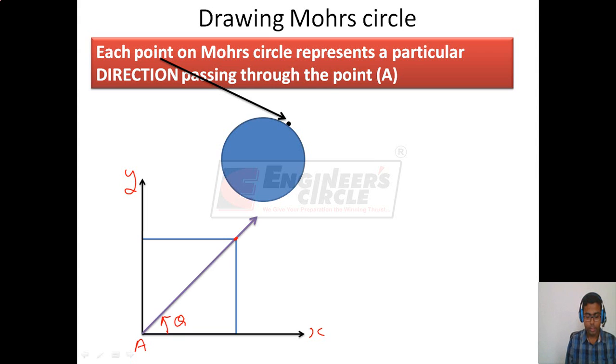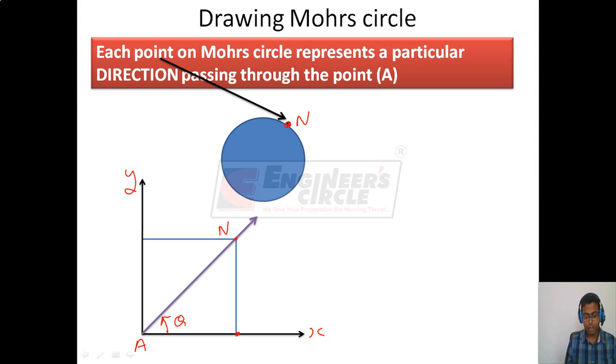Now if we call this point as n, then the direction AN, that is the direction making an angle theta in the positive counterclockwise direction with respect to horizontal direction, is represented by this point n.